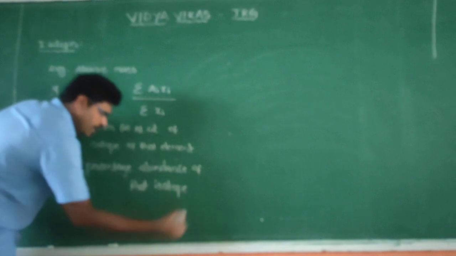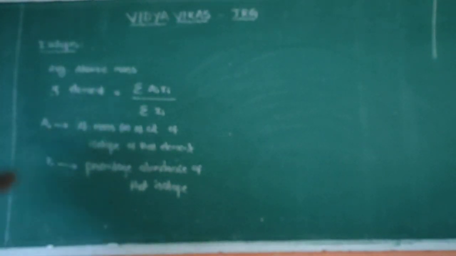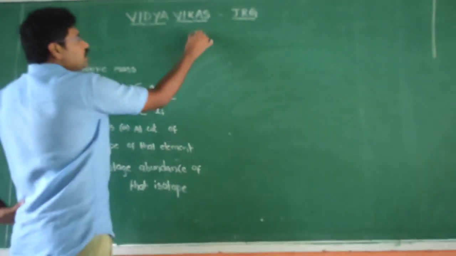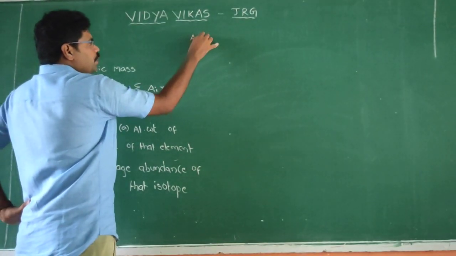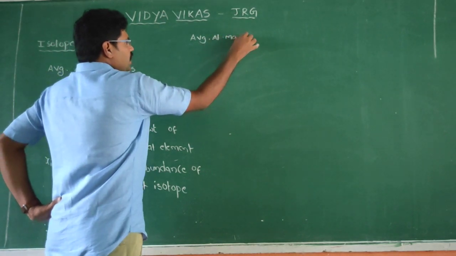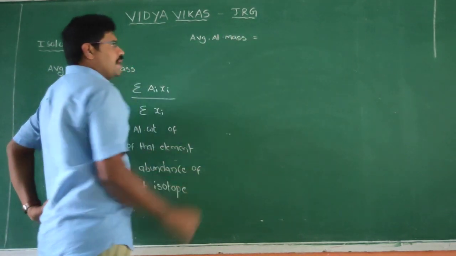Percentage abundance of that isotope. If one element exists in three different isotopes, keep in mind, three different isotopes, what is the average atomic mass of that element, sir?